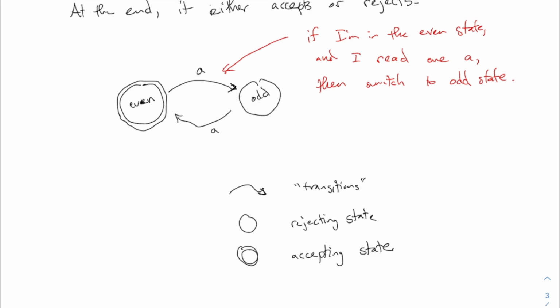It's because if you start from nothing, you think, okay, nothing is length 0. And that counts as even, right? And then the first thing that you see should move you over to the odd because that would be length 1. So I should start in the even state, and the way I indicate that on the diagram is like that. An arrow from nowhere means that's the one where you start. So this arrow here indicates the starting state.